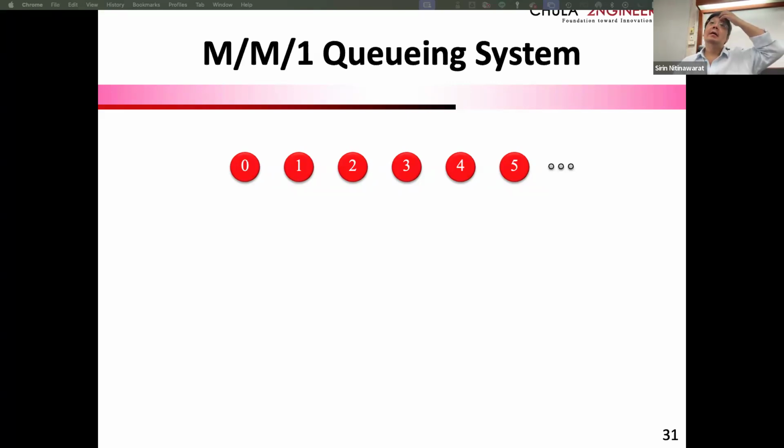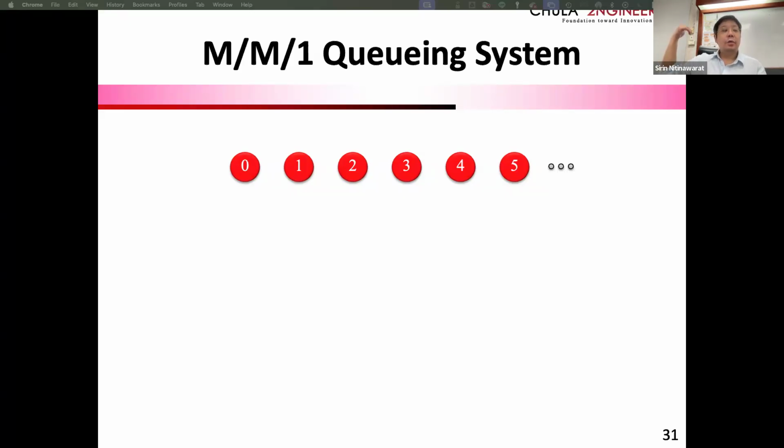So how many possibilities are there? In MM1, remember, you start off empty. Can there be a negative number of customers? No, because if there is no arrival, there can be no departure.